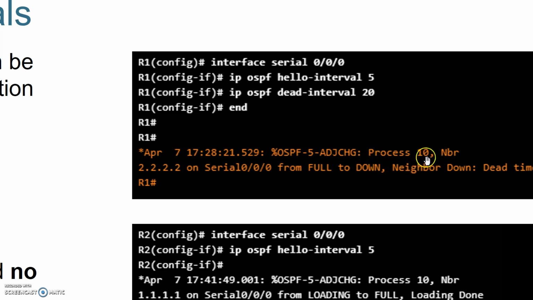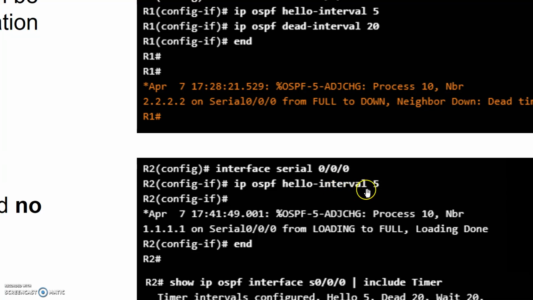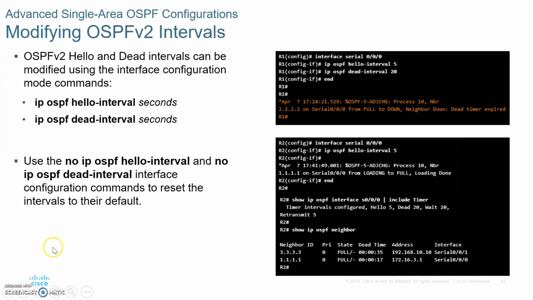Otherwise, the neighbor will go down because their hello and dead intervals do not match. At the other end, once you change it to match the neighbor, the OSPF neighbor will come up again. If you want to reset it back to the default, just run no ip ospf hello-interval and no ip ospf dead-interval at the interface, and it will reset back to the default value.